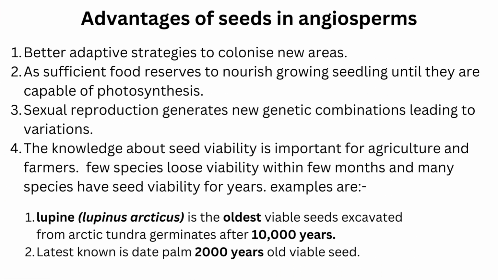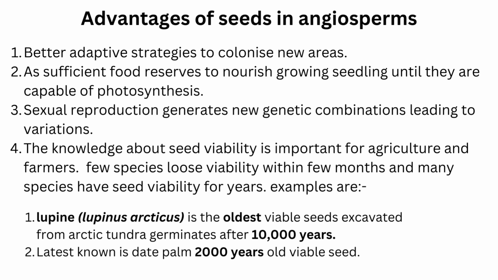Now coming to the next, we have the advantages of seeds in angiosperms. First, better adaptive strategies to colonize new areas, as seeds have sufficient food reserves to nourish the growing seedling until it is capable of photosynthesis. The third is that sexual reproduction generates new genetic combinations leading to variations, so better survivability. Then fourth, knowledge about seed viability is important for agriculture and farmers.